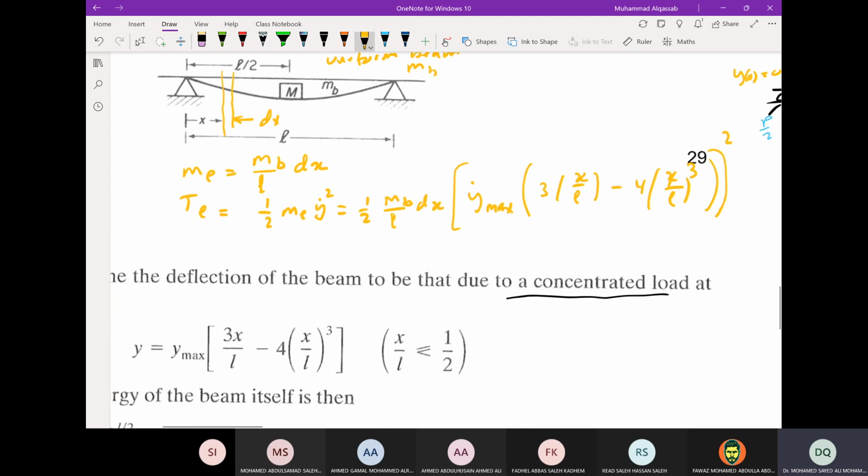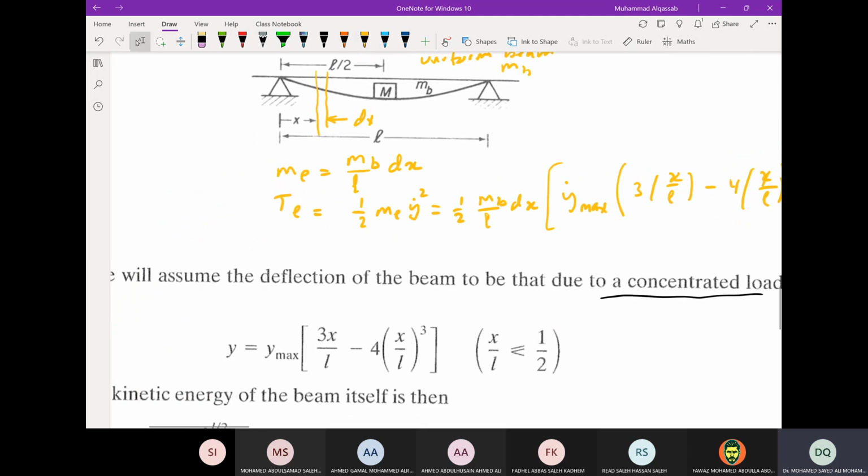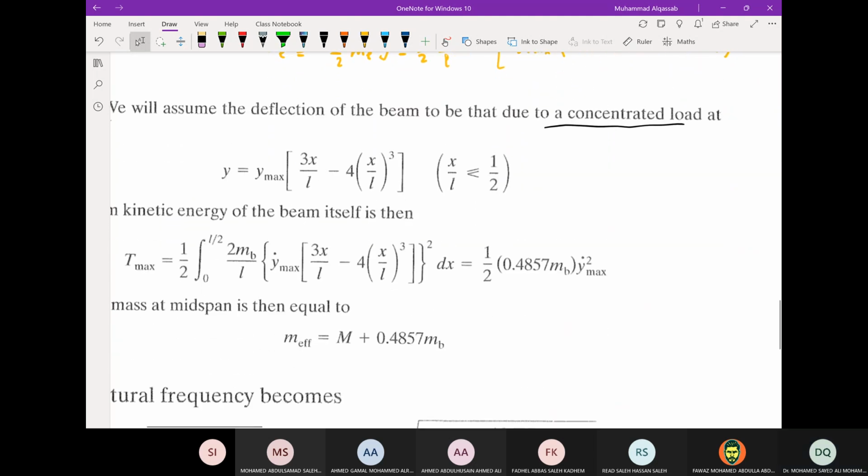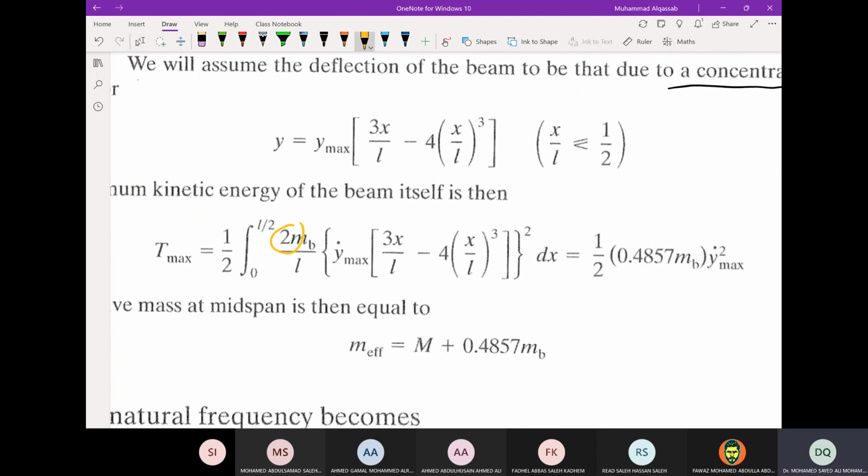The kinetic energy for the beam, we have to integrate this from 0 to L over 2 and multiply by 2 because it is symmetrical. So 2 is the factor, the integration from 0 to L over 2, and then you multiply the whole thing by 2. That will give you the total kinetic energy. So 1 over 2, 2 times mb over L, times dx, this is the mass of the beam, times y dot maximum 3x over L minus 4x over L cube, all squared.